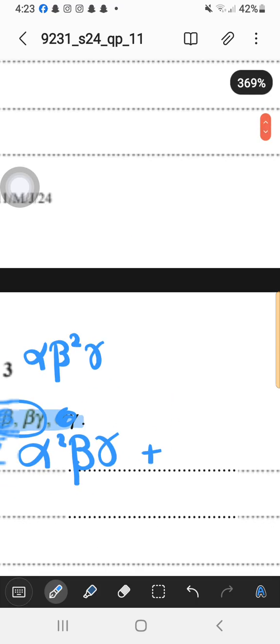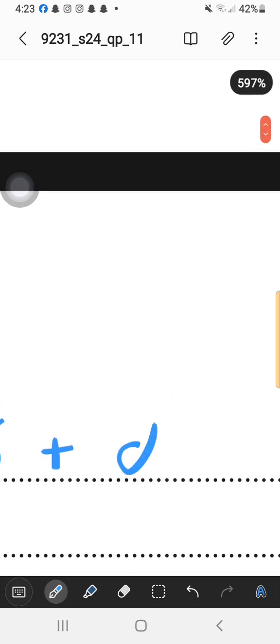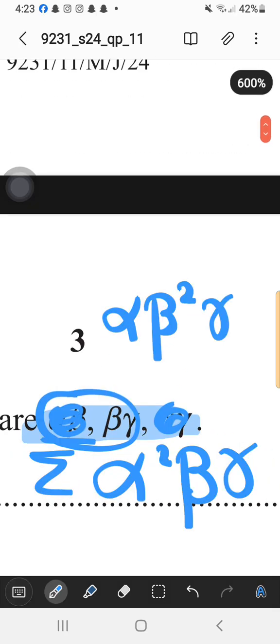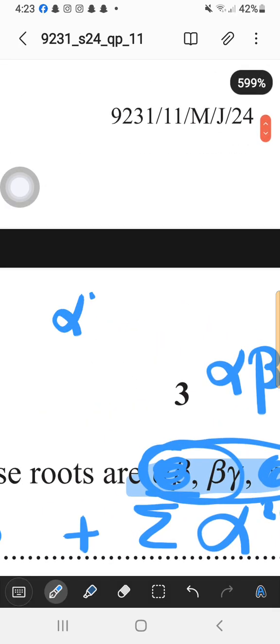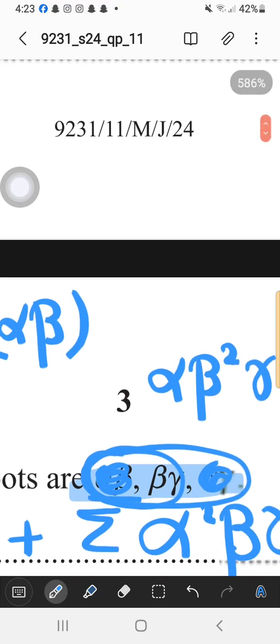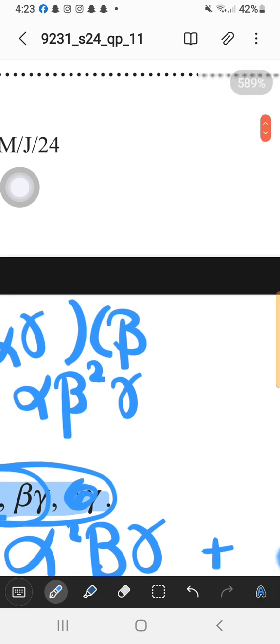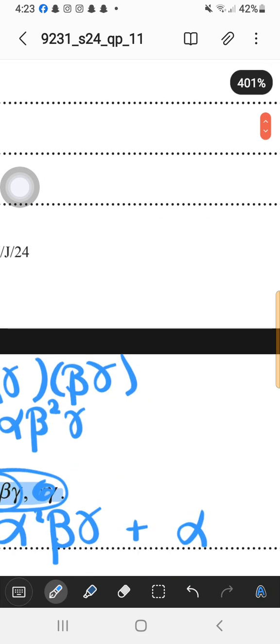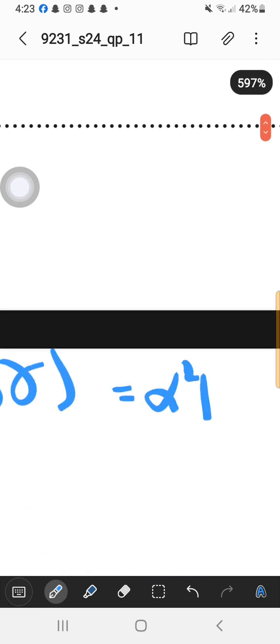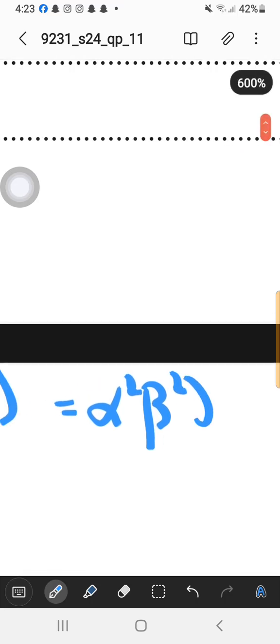And the last is alpha beta gamma, if we multiply these three. Okay, like this, alpha beta, alpha gamma and beta gamma. So we will get alpha square, beta square, gamma square.